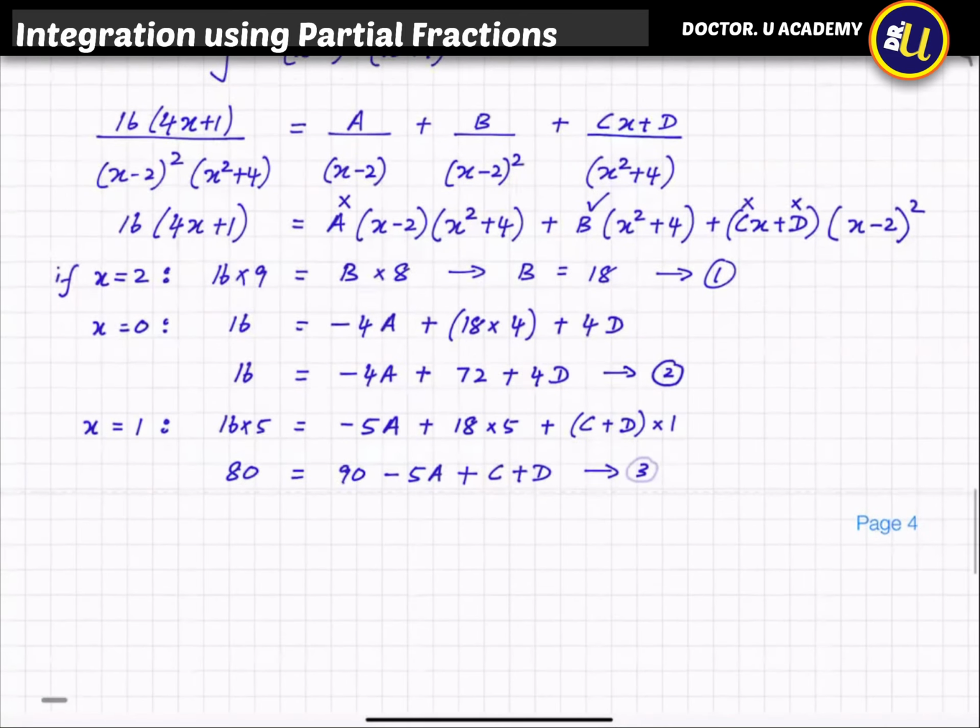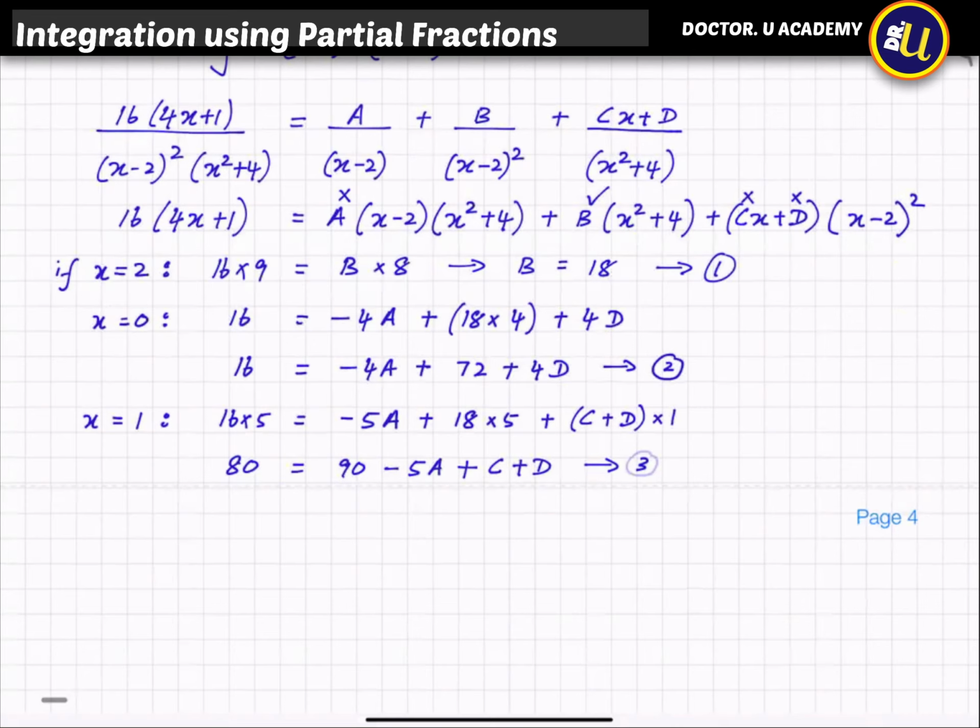Now we can do this quickly actually, but I take my time because I need to explain it better.